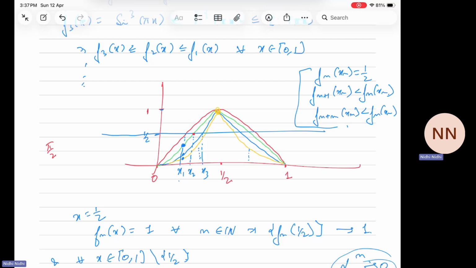And at x2, what can we say about the rest of the functions after that? That means f3 and f4, they are all lesser than f2. So that can be written as Fn plus m is less than or equal to Fn for all m positive. So that's what we will be using.